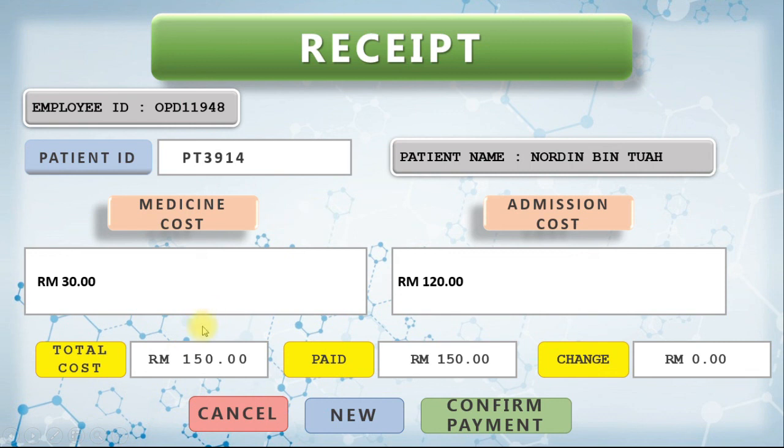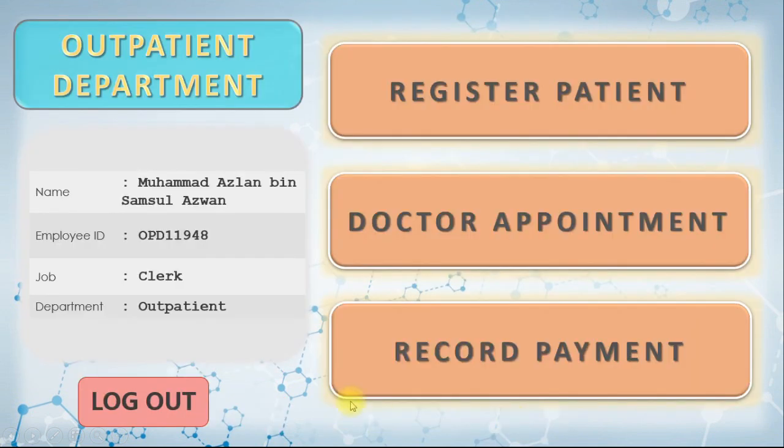The system will also calculate the total cost, and the amount that the patient paid will need to be written here, and the system will calculate the change and then confirm payment. After the employee has finished working, they can log out from the system.